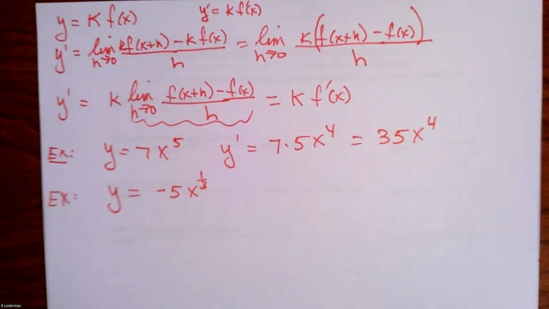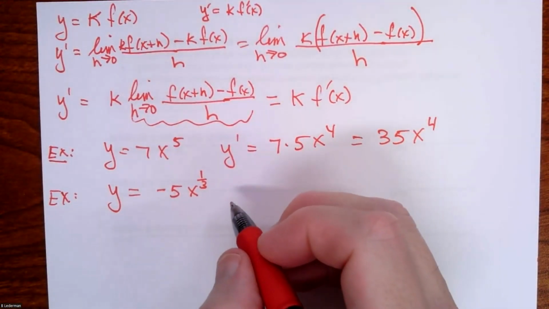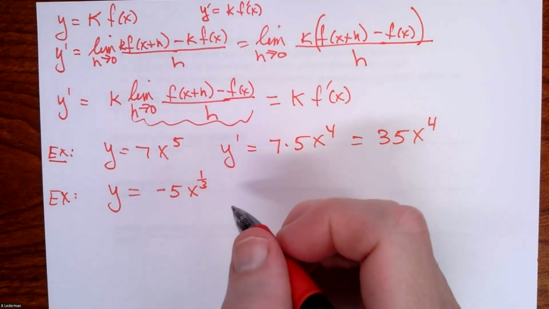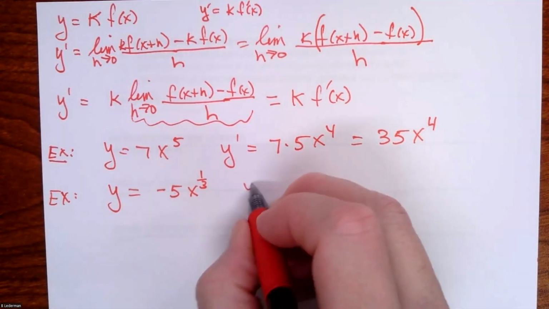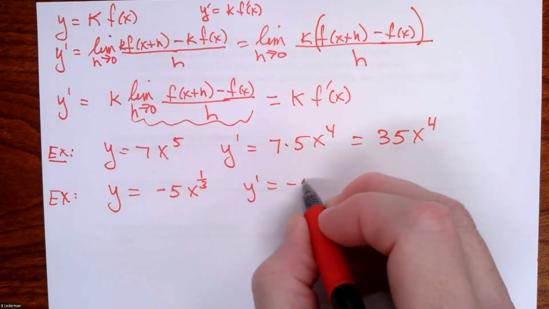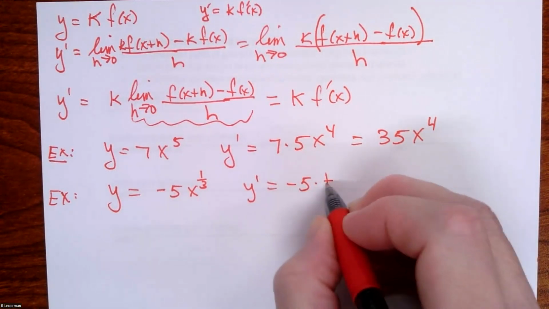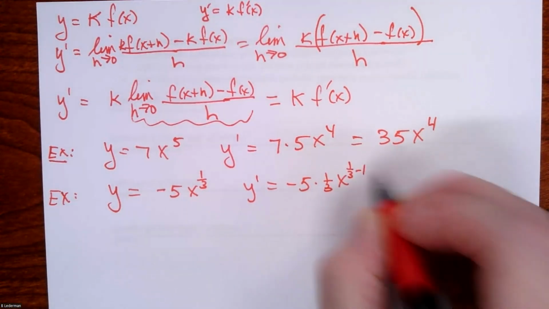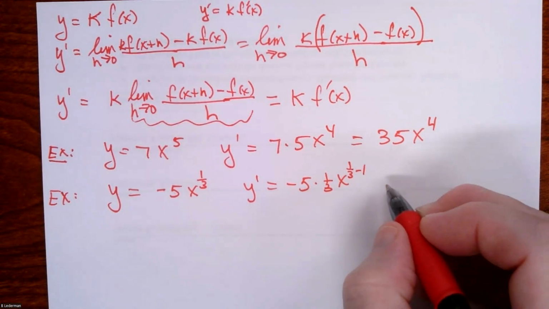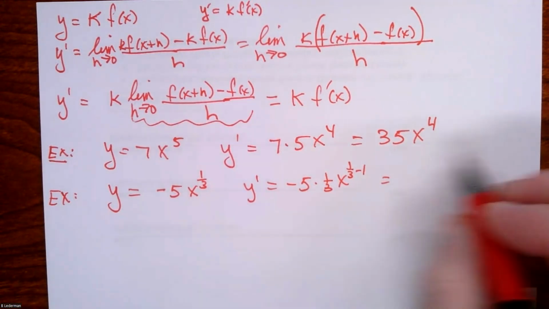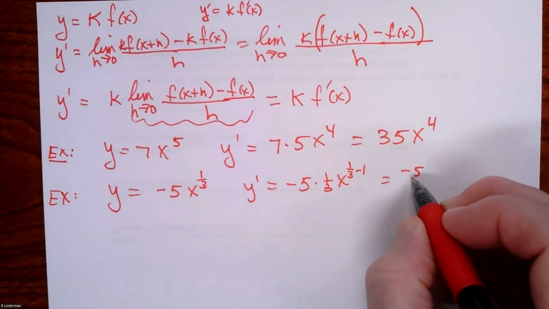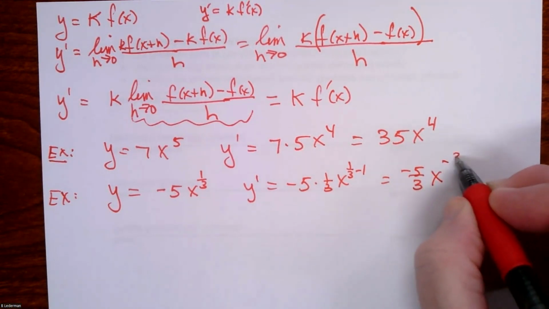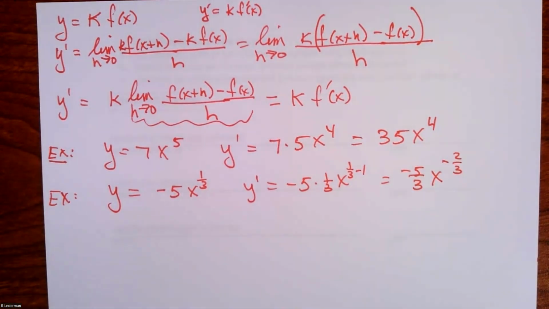Well, this tells us that y prime is equal to negative 5 times 1/3 times x to the 1/3 minus 1, which is equal to, cleaning this up a little bit, negative 5/3 times x to the negative 2/3. That's our answer.